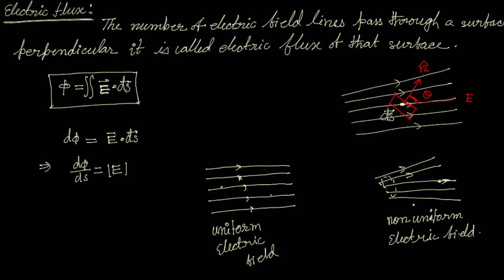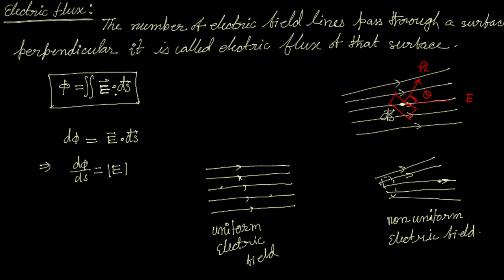Okay, so in the next class we will learn how to calculate this flux for different types of situations. When I say different types of situations, I mean that if we want to calculate the flux through any surface, then we have to take the dot product of the electric field and the area.